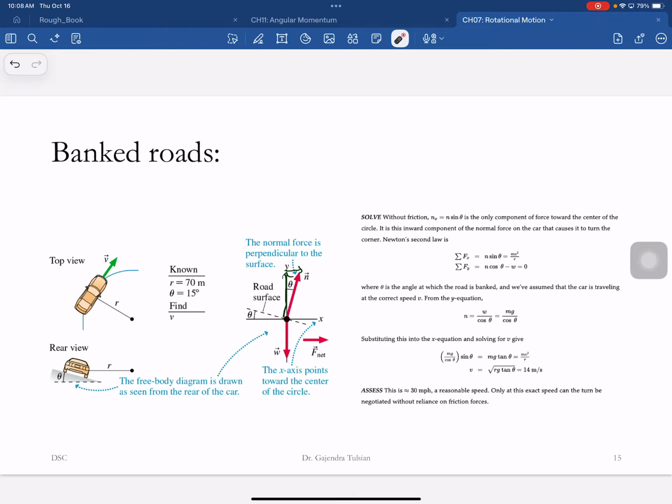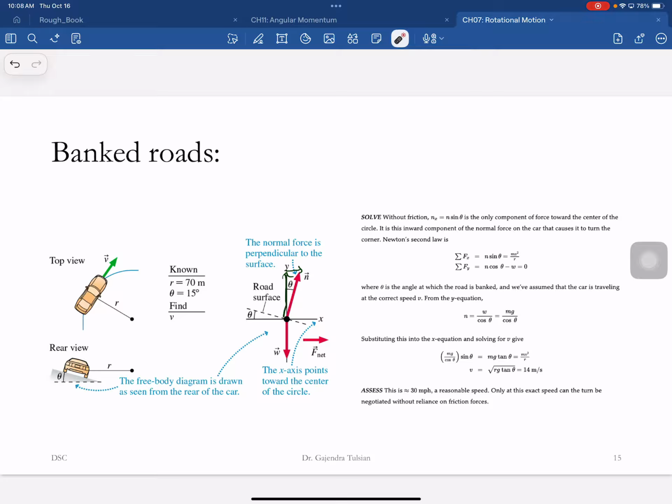If you go faster than that, then you need a friction force, and you'll leave rubber on the road. If you go too slow, the friction force has to act that way because this is too much, and you leave some rubber. If you go too fast or too slow. If you go at the right speed, this component of the normal force provides the centripetal force.